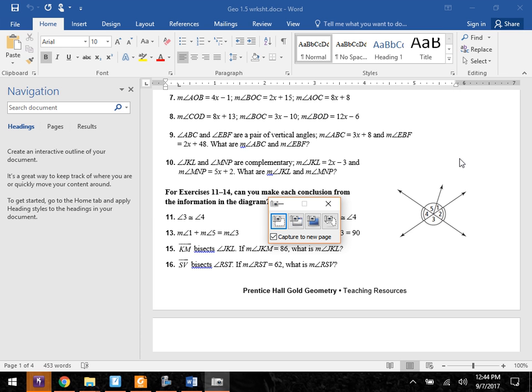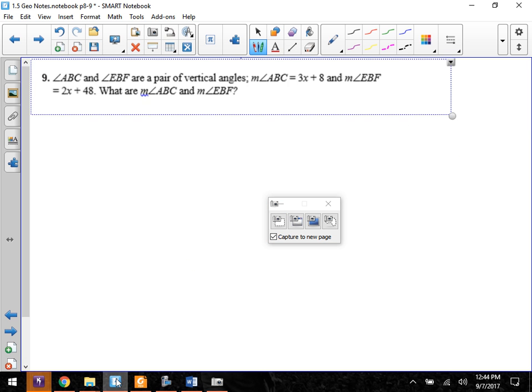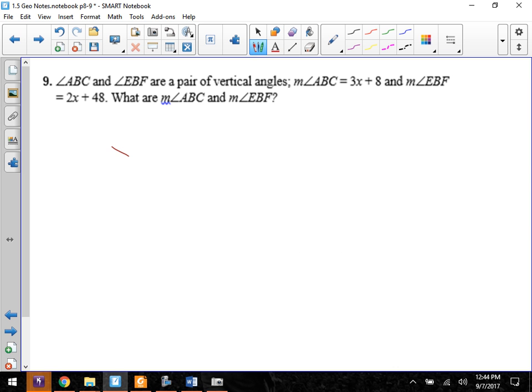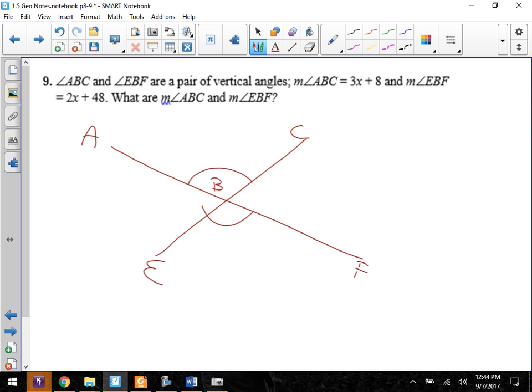So if you know you have vertical angles and it tells you what the labels are, it says angles A, B, C, and E, B, F. If you know that it's a crossing pair like that, draw it. Because now you know that since they are vertical angles, they're either going to be across from each other going one way or the other, but no matter what, when they're across from each other, they're always going to be equal.